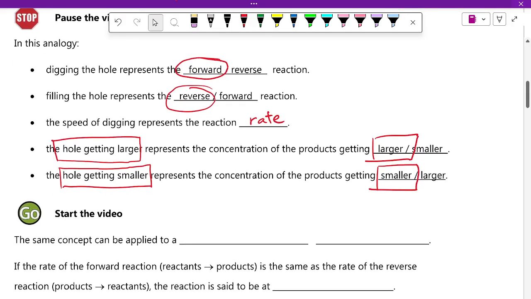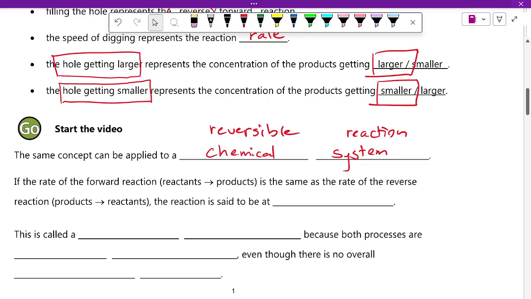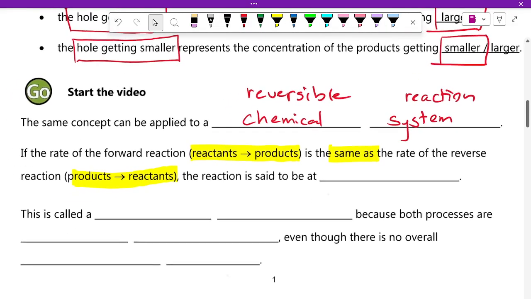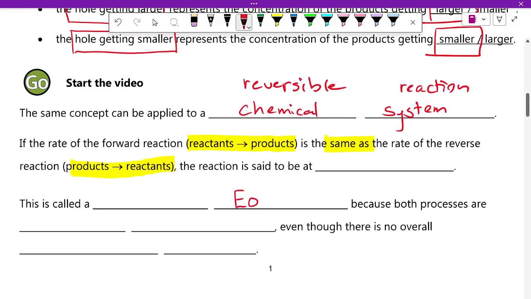The same concept can be applied to a chemical system, or a reversible reaction. They both work. If the rate of the forward reaction, in other words, reactants turning into products, is the same as the rate of the reverse reaction, products to reactants, what do we call this? Not just an equilibrium, dynamic equilibrium.